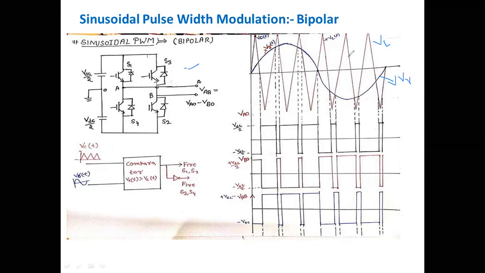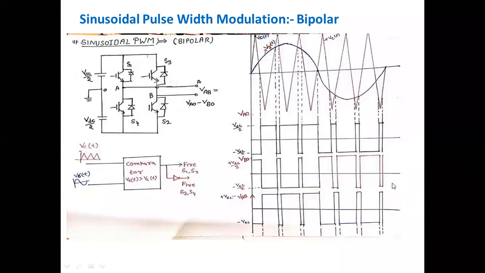As we studied earlier, by comparing these two signals, we will get the pulses, or the several pulses, per half cycle. Now, what is the procedure to get these pulses? Now, you can see here that we can use a comparator.